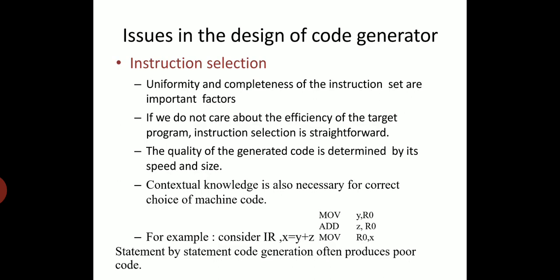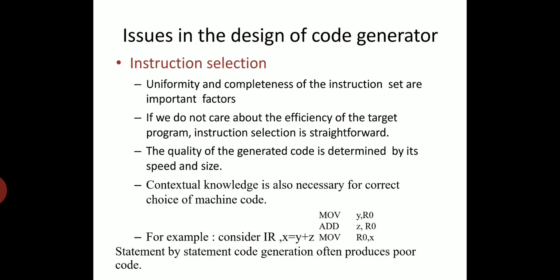Conceptual knowledge is also necessary when machine codes are generated. Consider the example of an intermediate representation x = y + z. In this case, statement by statement code generation is used, that is, move y, R0. That means y is an operand, and it is moved to the register R0.